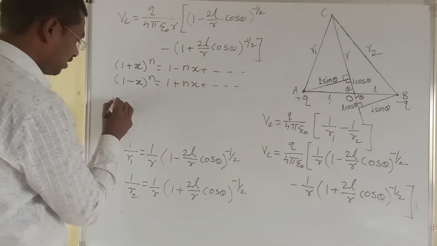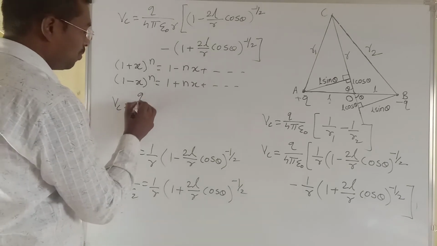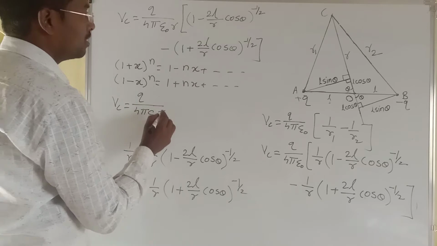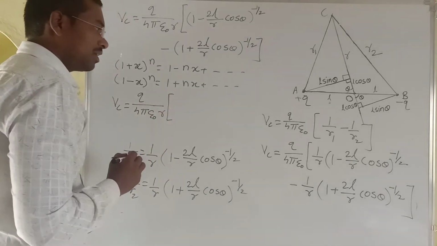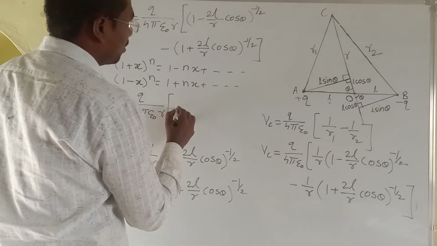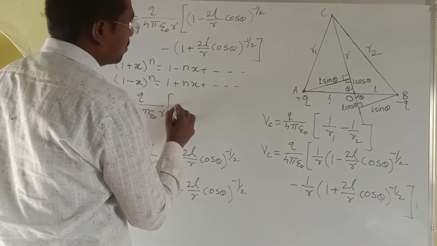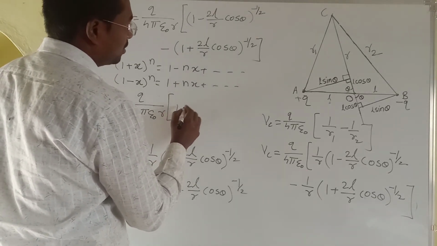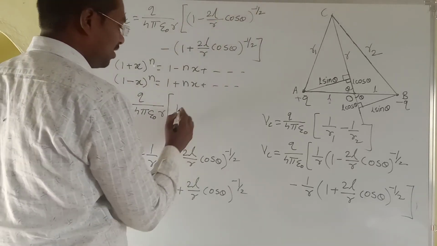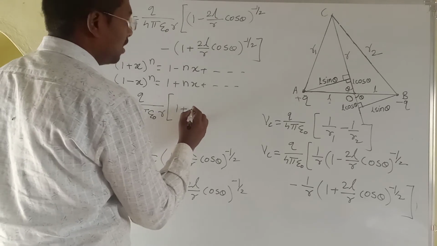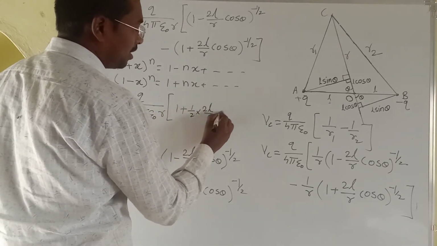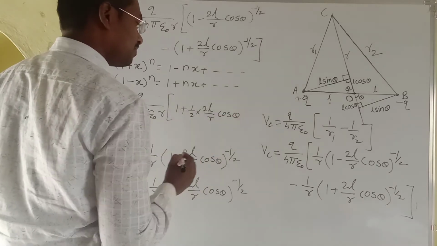this V_C can be written as Q upon 4πε₀R, and inside the bracket we write this (1 - 2L/R cos θ)^(-1/2) as 1, this minus, and n is -1/2, so minus minus we get plus, and here is 1/2 into 2L upon R into cos θ.